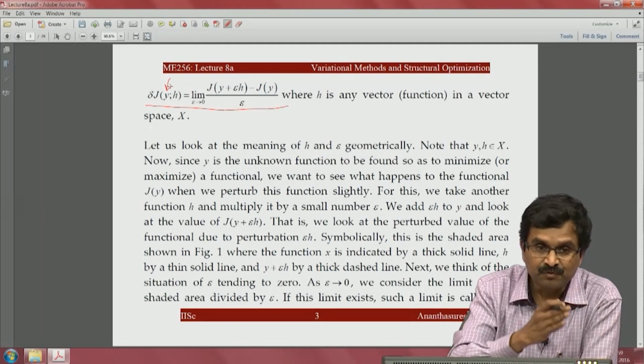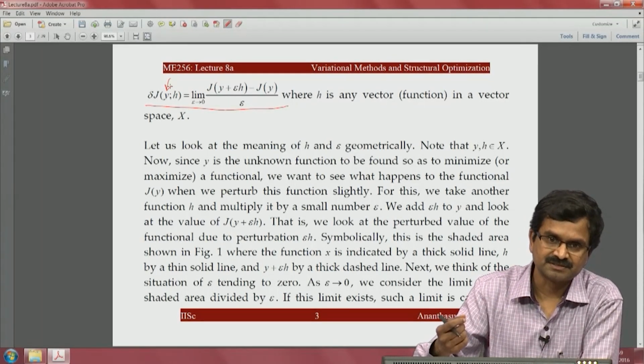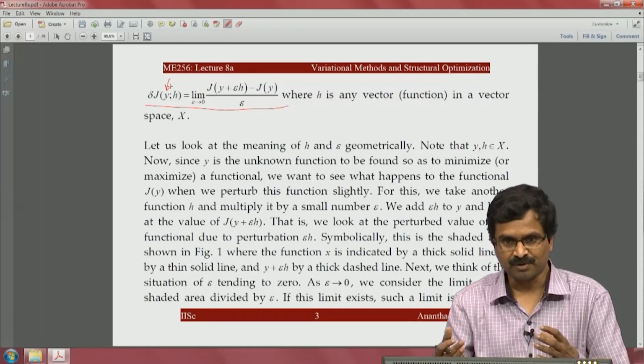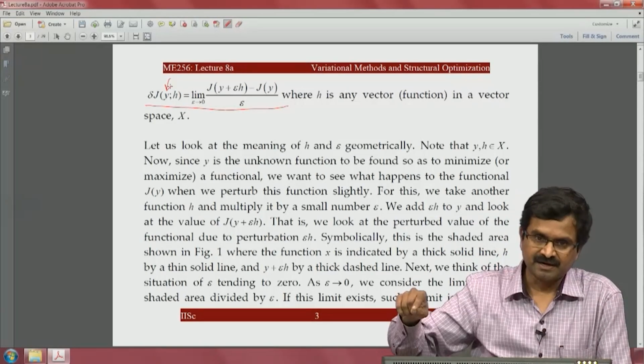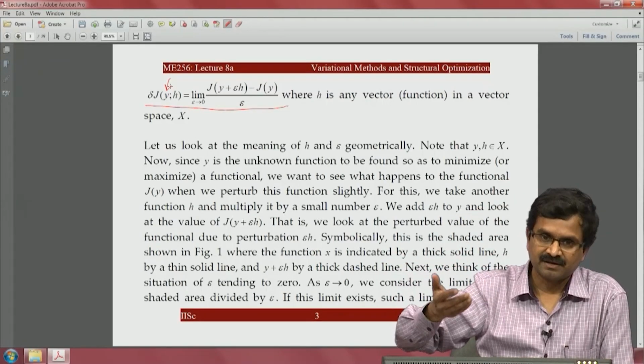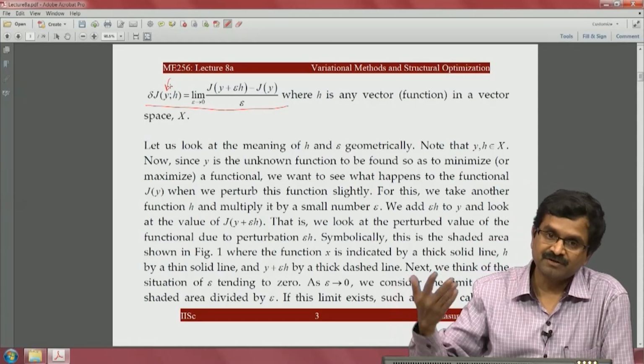As we vary that for different functions, there will be different Gateaux variations, different first derivatives. Like if you imagine the Brachistochrone problem, between points A and B you join with a curve, that curve will have a variation. If I take another curve, that will have a different variation.